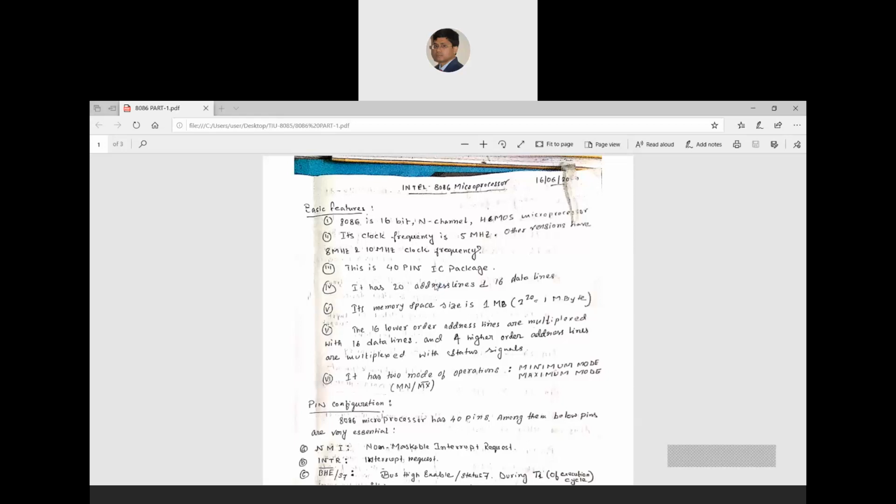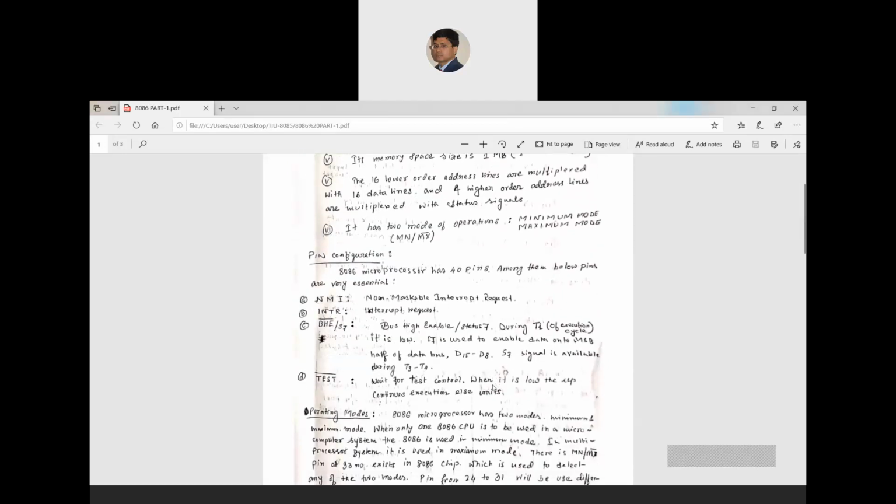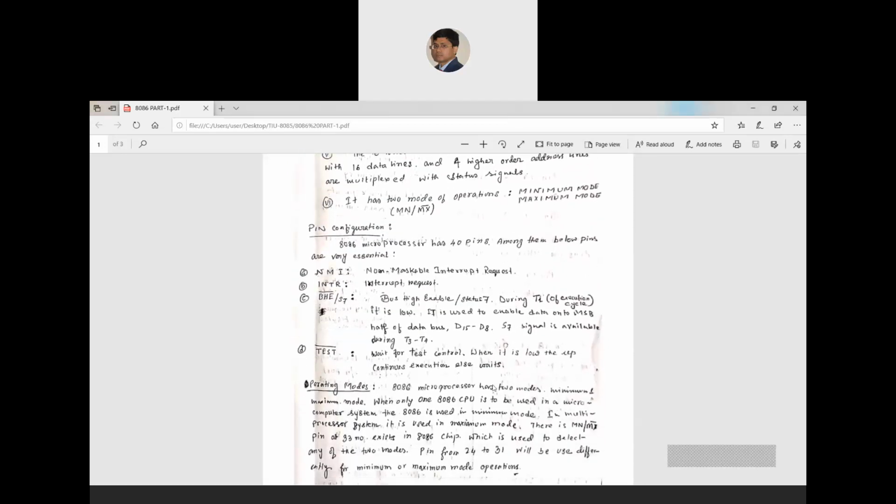Next is the pin configuration. It has a total of 40 pins. We don't need to go through each and every pin's operation, because most pins are similar to the 8085. Some four or five pins are different, so I have written only the four essential pins which are not there in 8085. First is NMI, that is the non-maskable interrupt request.